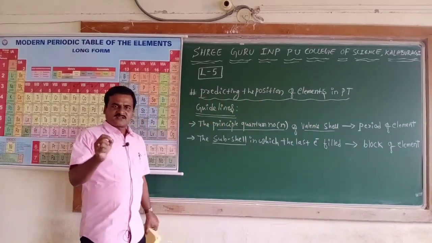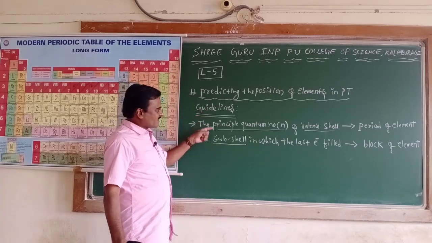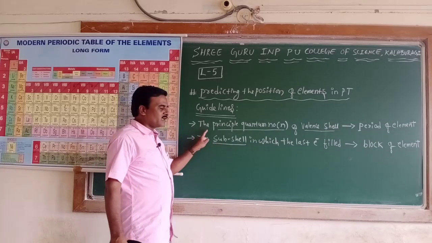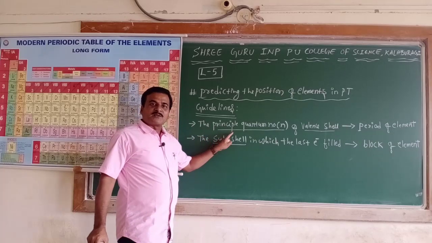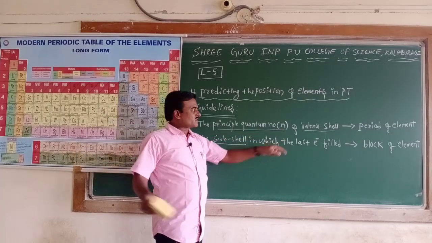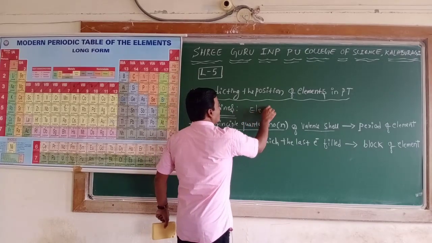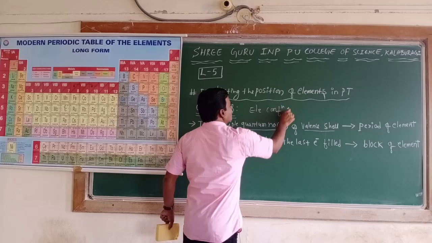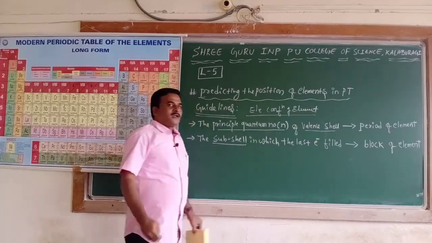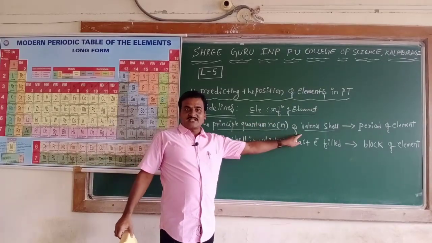So here are the simple ideas one should keep, which are called guidelines to locate the position of an element in the periodic table. First one, the principal quantum number of the valence shell, and writing the electronic configuration. First and foremost, electronic configuration is mandatory. One has to write the electronic configuration of the element.